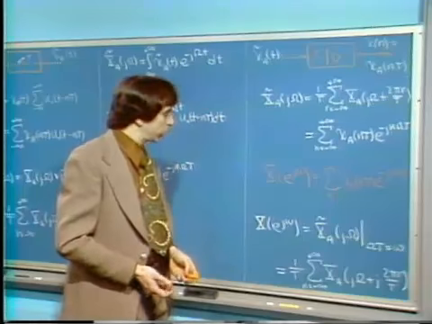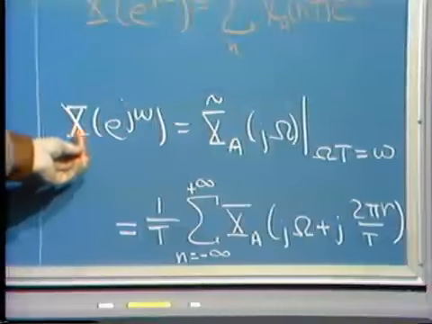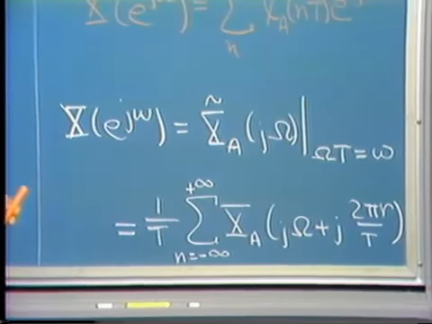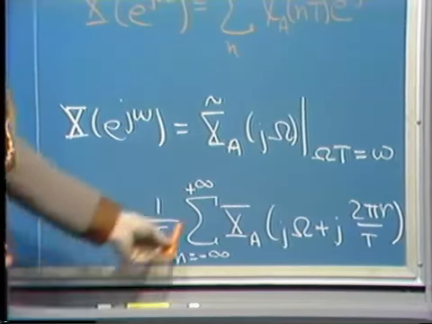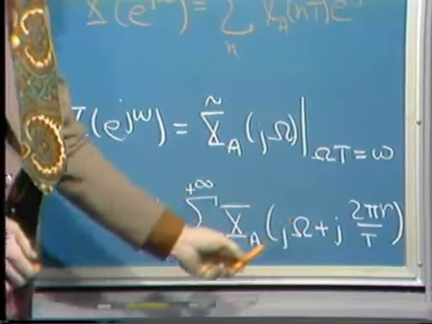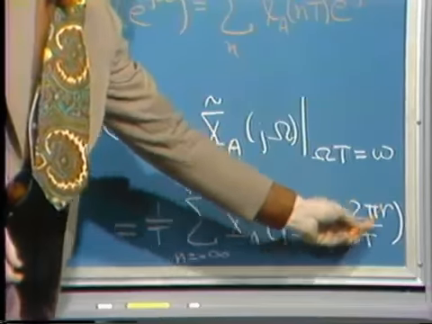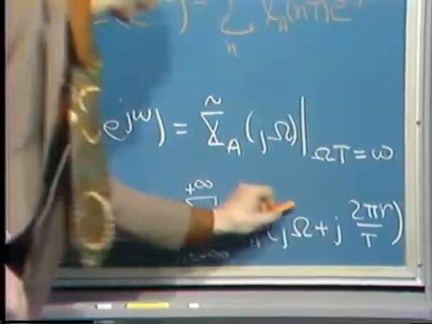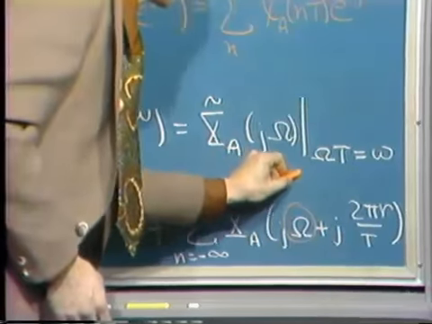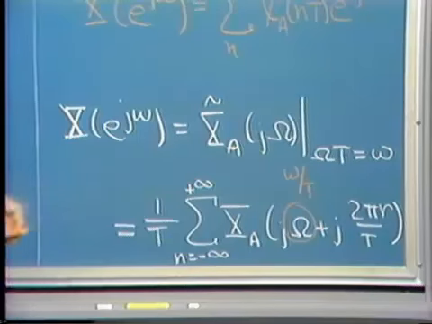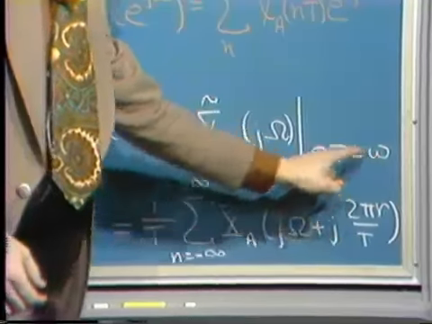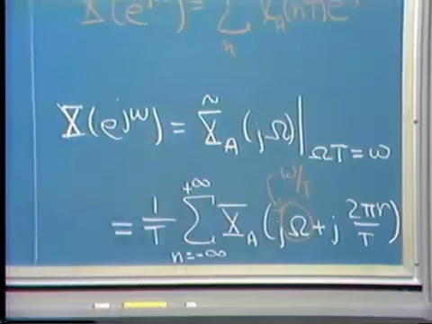Consequently, the final result that we end up with is that the Fourier transform of the discrete time sequence is equal to 1 over T times the sum of x sub a of j omega plus j 2 pi r over capital T, with capital omega replaced by little omega divided by capital T. In other words, we have the expression that capital omega times capital T is equal to little omega.